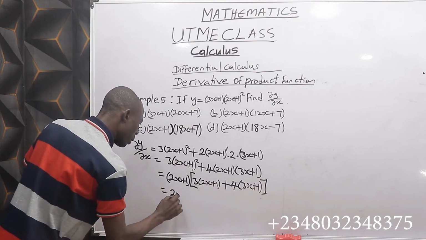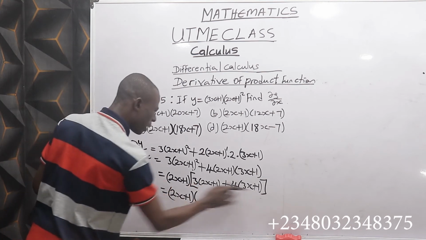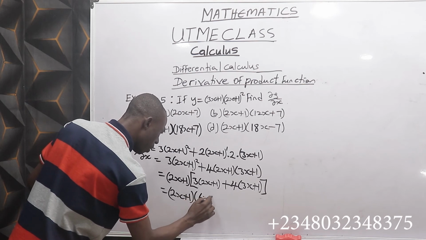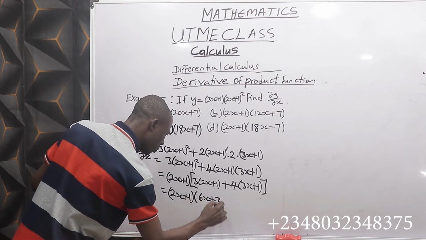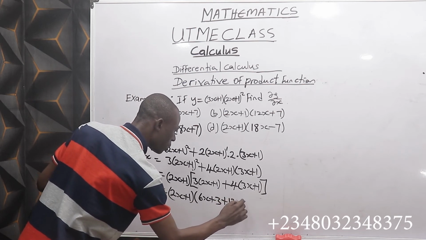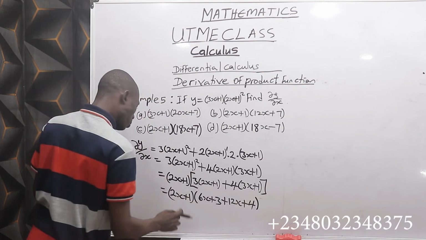So this is 2x plus 1 in bracket into, open this small bracket, 3 times 2x, that's 6x. 3 times 1, that's 3. 4 times 3x, that's 12x. Plus 4 times 1, that is 4.